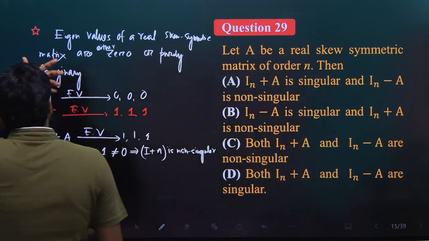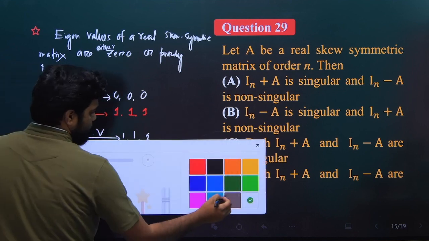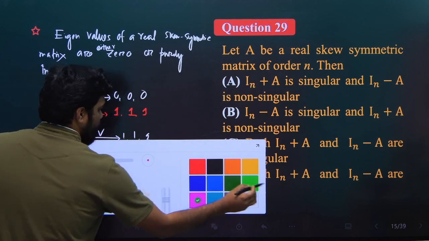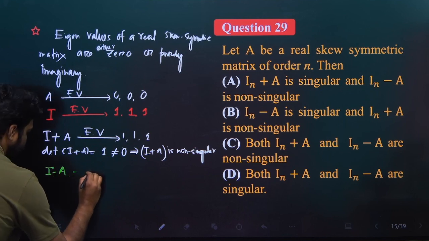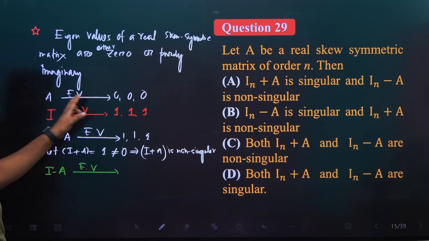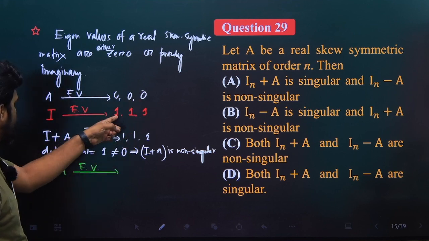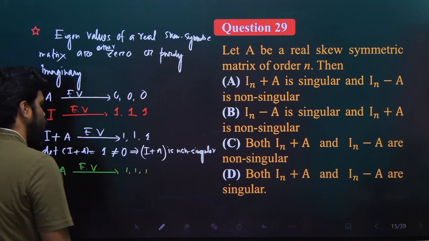Similarly, if we calculate I minus A, what will the eigenvalues of I minus A be? If the eigenvalue of A is 0, then I minus A is 1 minus 0, 1 minus 0, 1 minus 0, that is 1, 1, 1.